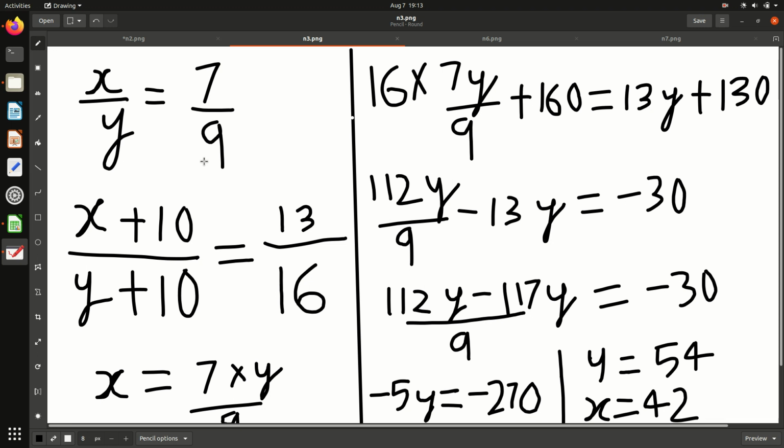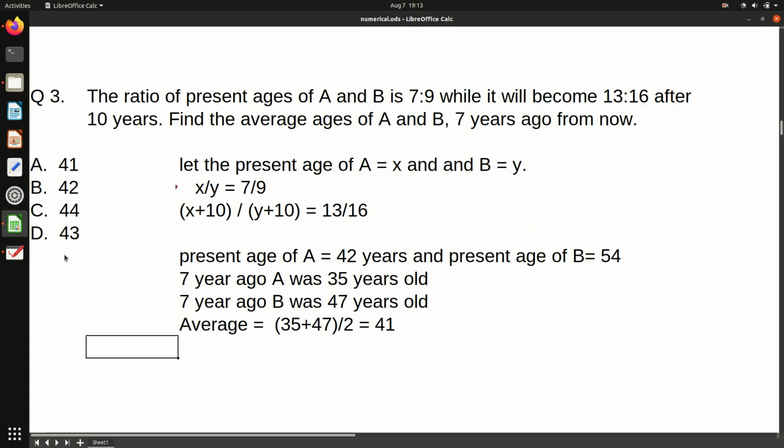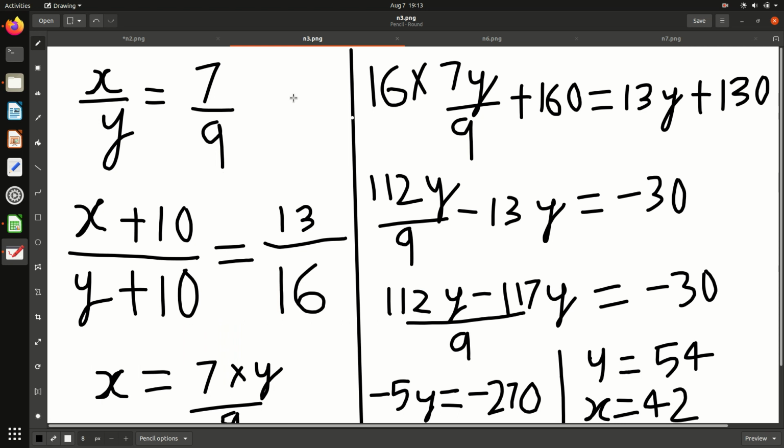Okay, so these are the two equations. The same ones I have written here, X by Y, and this one. So this is equation number 1 and this is equation number 2. So you can see we have two equations. Now we have to solve this. There is one suggestion. I hope all of you know it, but I will tell you anyway.